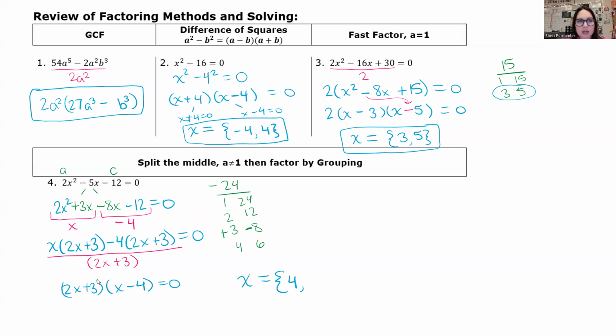Well, if this one's positive 3, it's going to be a negative 3. Then the only thing you have to do is divide by 2. So again, you always start with this part, and then you divide by the other number. And since it can't be reduced, we're done.